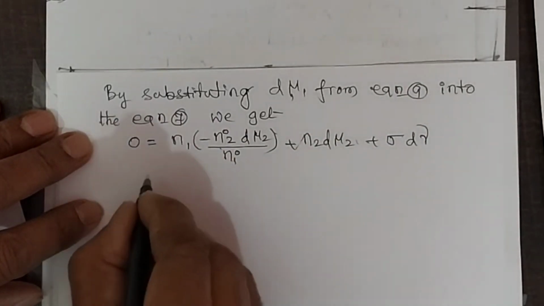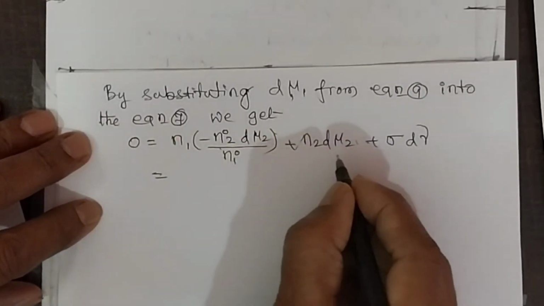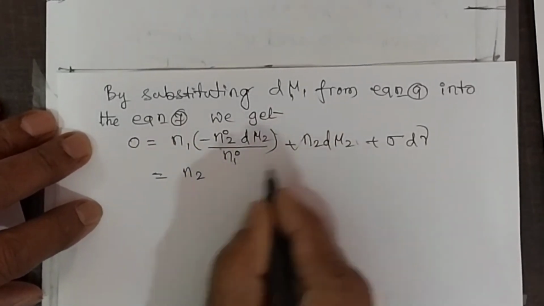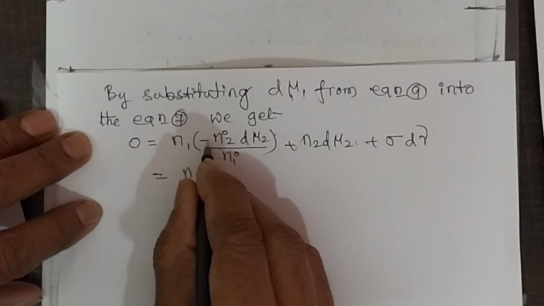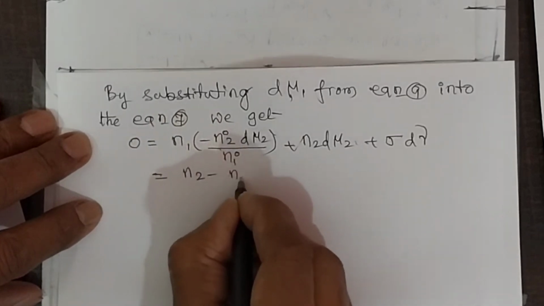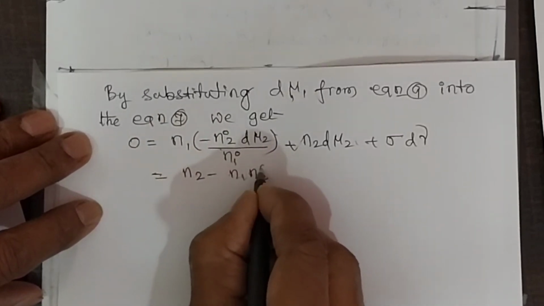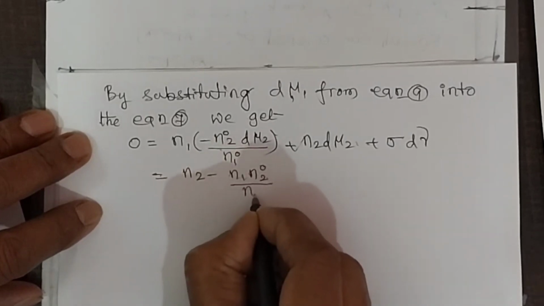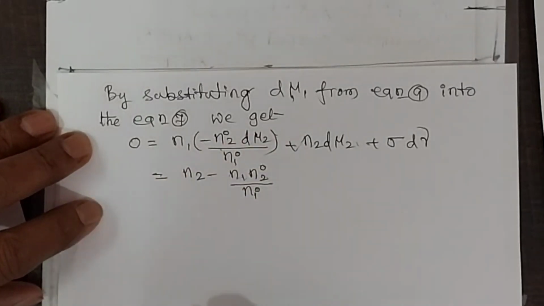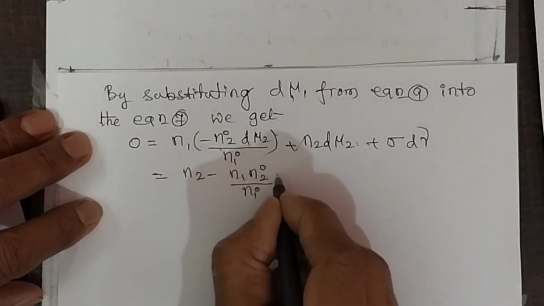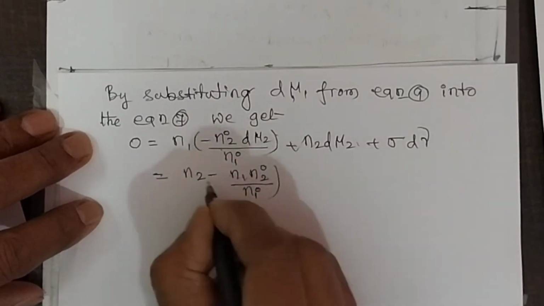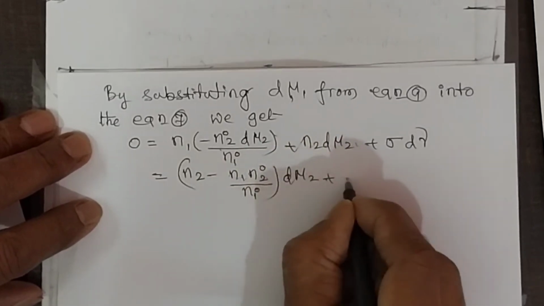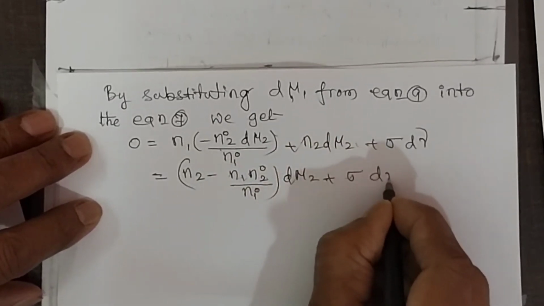Then taking d mu2 as common, we write n2 minus n1 n2 naught divided by n1 naught into d mu2 plus rho d gamma.